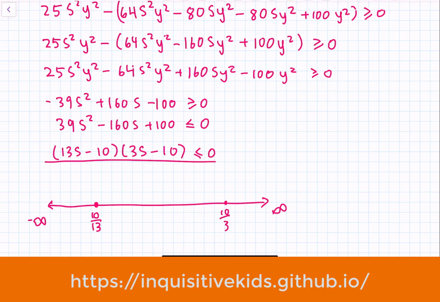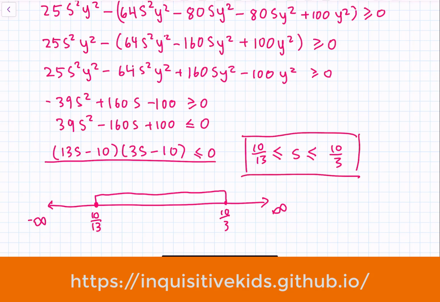And because this can be equal or less than 0, s can be any values in between these two numbers. So when we write our inequality, or the range of s's values, it will be 10 over 13 is less or equal to s, which is less or equal to 10 over 3. So we have this final range for s.